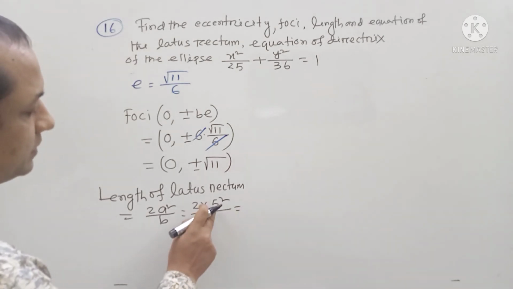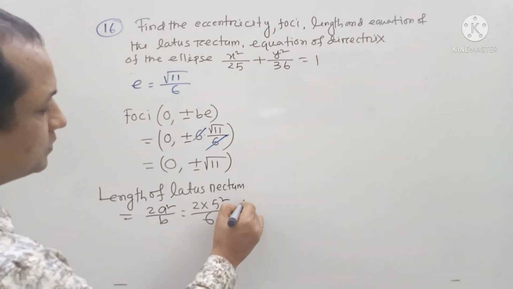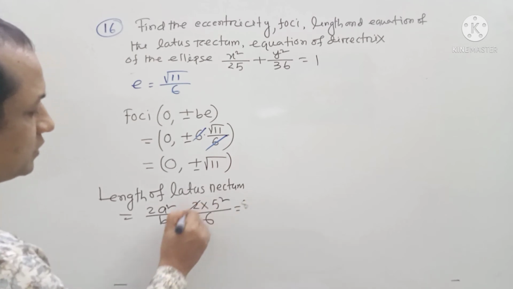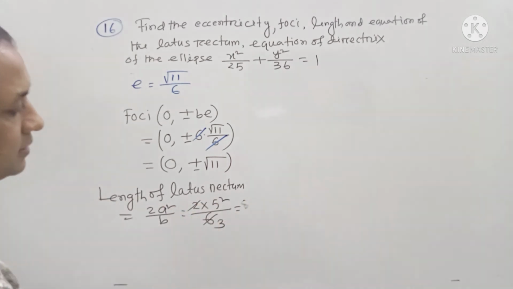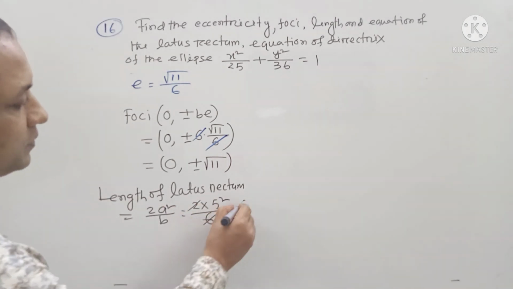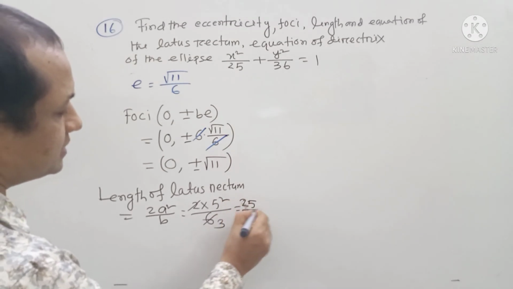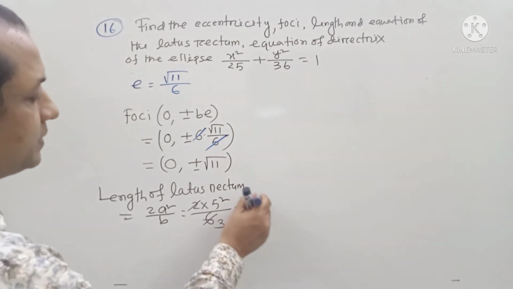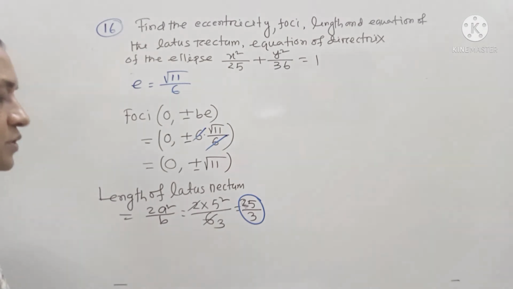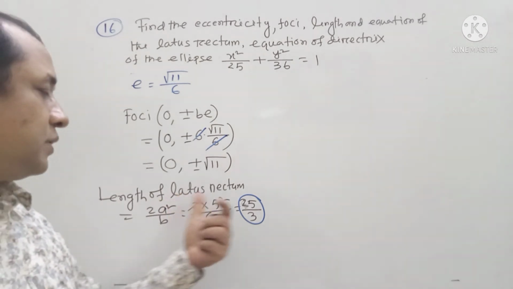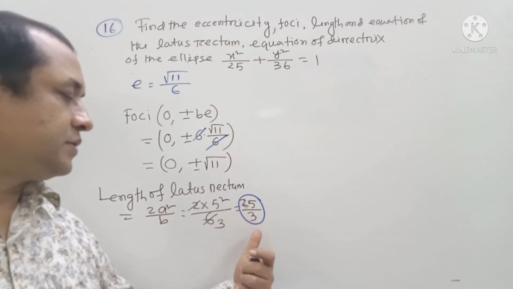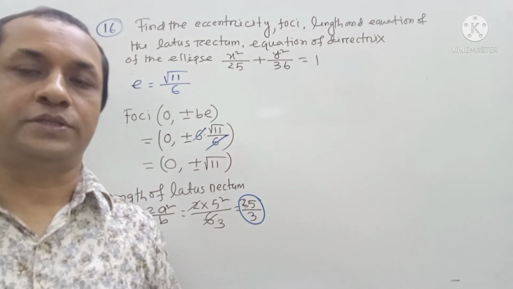So the result will be 25 into 2, and here 2 and 6 cancel, so 3. Now we have the length of latus rectum 25 by 3 unit.